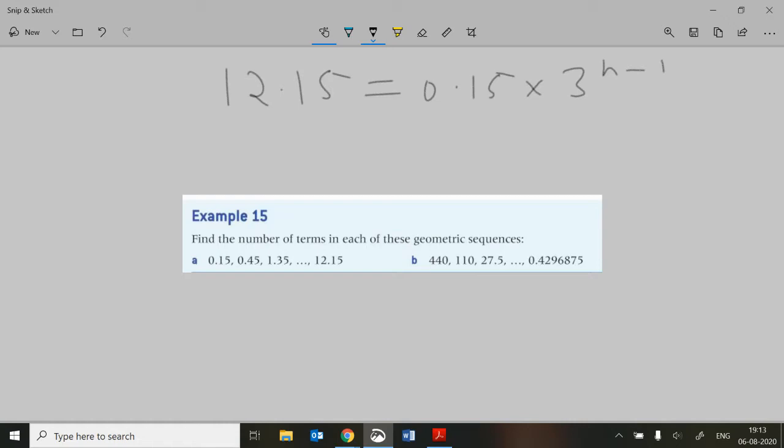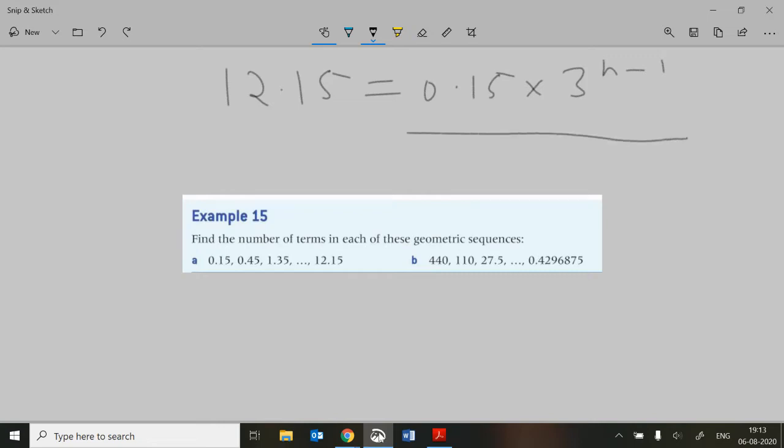Okay, well, how do you solve an equation where your variable is in the exponent? Now, you might know about using logs to solve this, but you're not expected to at the moment. So I think in this case, it's a matter of trial and error.